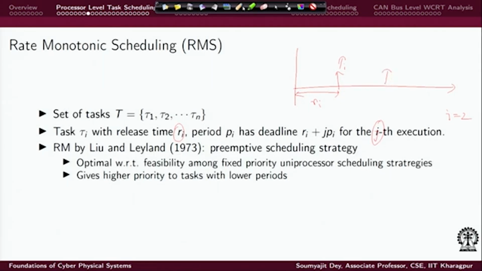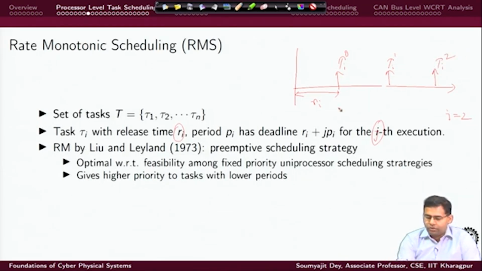Okay, let us count from 0. So j is 2, that means you have 3 instances: this is tau_i 0, let us say this is your tau_i 1, and let us say this is your tau_i 2.